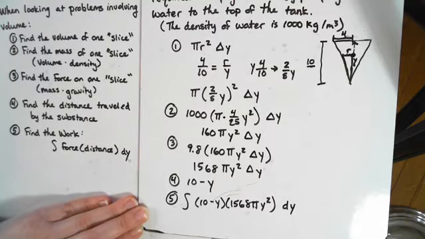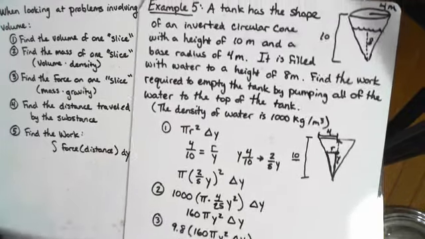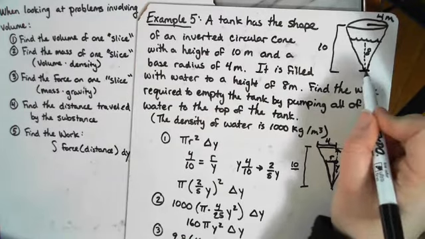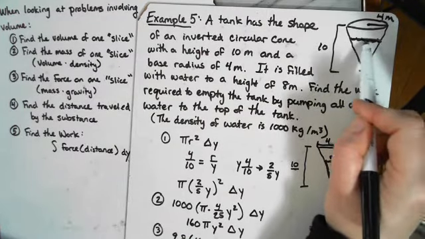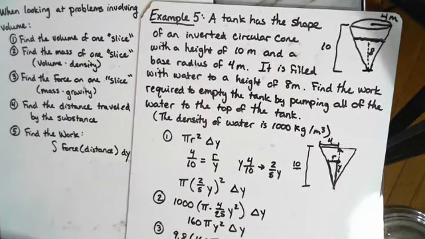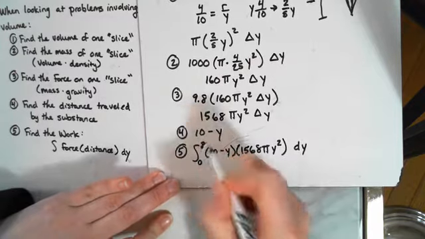Now, the last thing I need to do is put in my upper and lower bounds on my limit. Remember, at the very beginning, they told us we have a bottom at 0 and the top of my water level at 8. So it's going to be from 0 to 8.